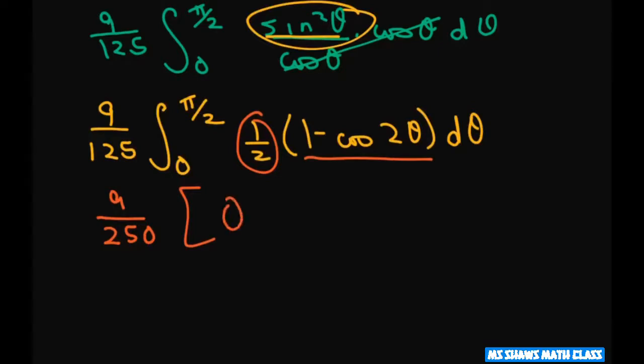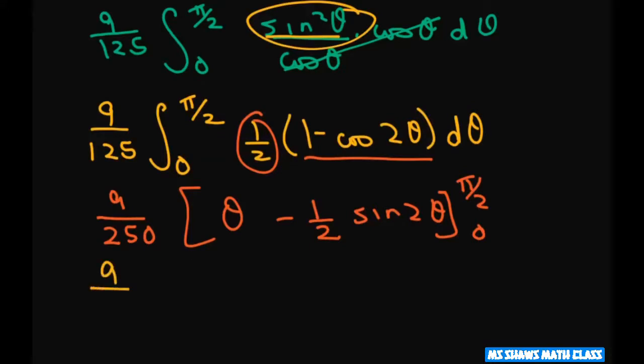That's going to be theta minus 1/2 sine 2 theta, and we're evaluating from 0 to pi divided by 2. So let's plug all that in. You're going to get 9 divided by 250 times, plug in pi over 2, minus, when you plug in pi over 2 here, the 2's will cancel.